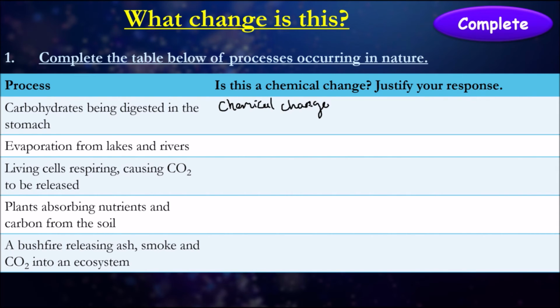The reason why it's a chemical change is because we're dissolving the carbohydrates by reacting with our stomach acid and releasing carbon dioxide and energy. So we do get a new formation of products. New chemicals are formed.